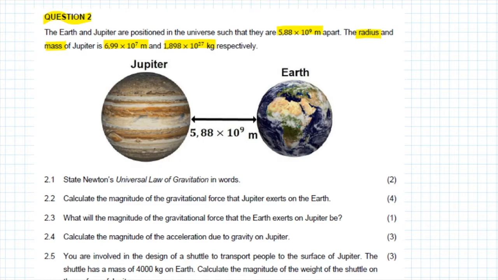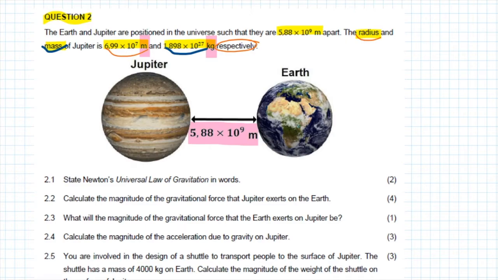Now, if this statement confuses you, when they use the term respectively, they mean the radius is the first number because it was mentioned first. The mass is the second number because it was mentioned second, okay? But you should also be able to tell because radius is distance measured in meters and mass is measured in kilograms. Fortunately, over here we have a nice diagram to show us where the distance is.